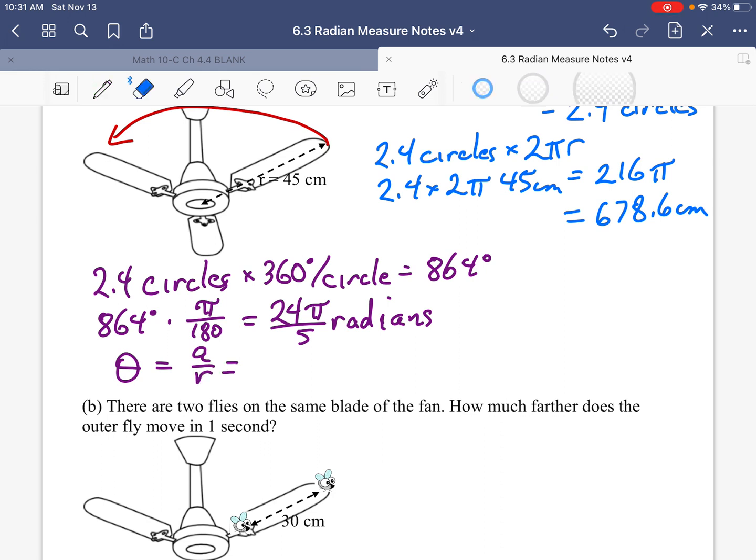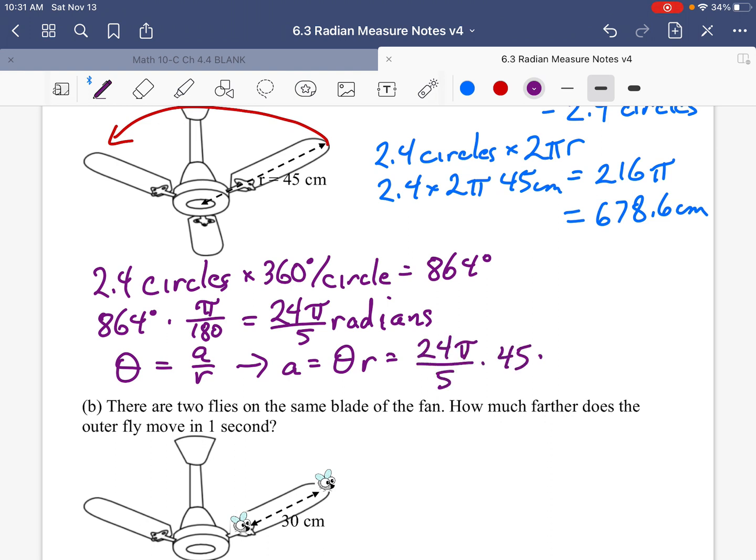Now, theta equals A over r. Here we're looking for the arc length, so I can rewrite this as A equals theta times the radius. That's 24 pi over 5 radians times 45 centimeters, which comes out to be 679 centimeters.